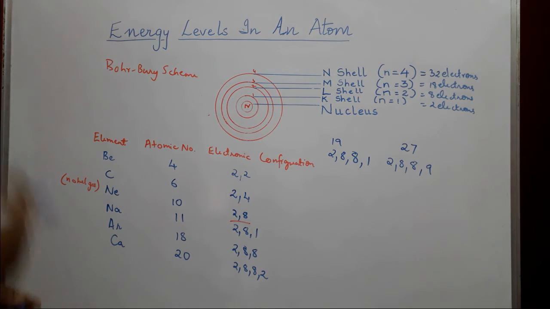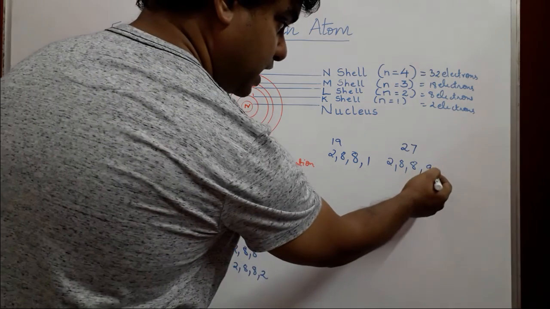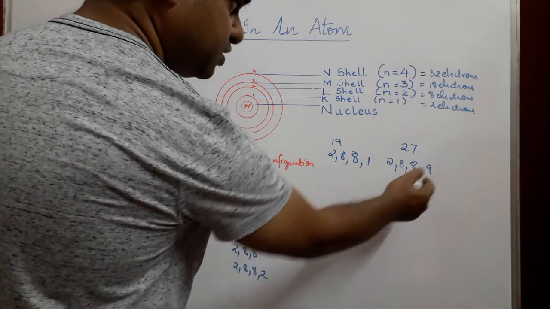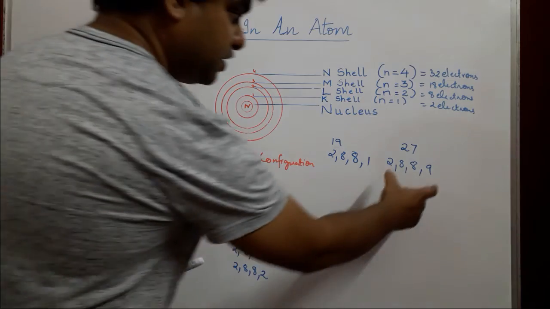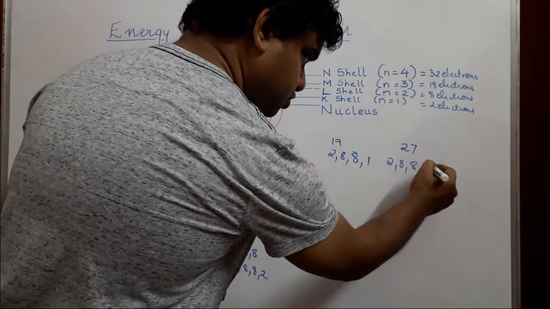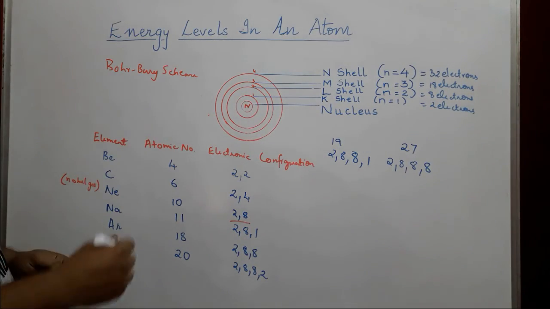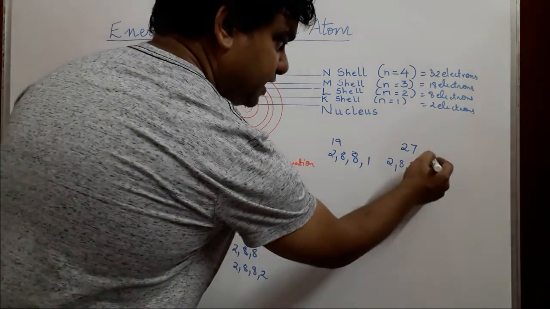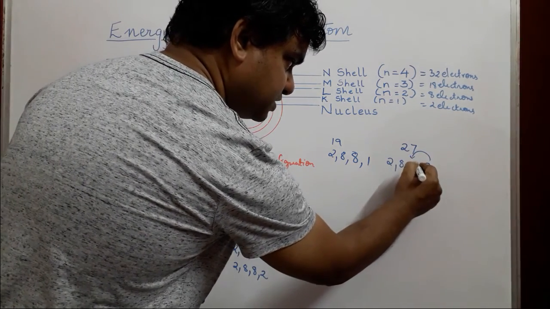But as per the Bohr-Bury scheme, we have been told that the last shell should not have more than 8 electrons. So if we should not have more than 8 electrons, then we put 8 over here. Where does that one remaining electron go? Then it comes back again into this shell, and this becomes 9.